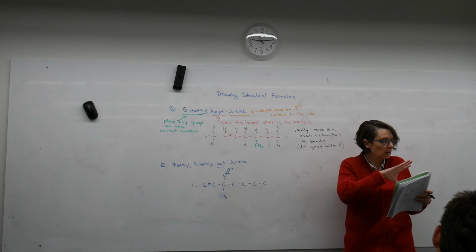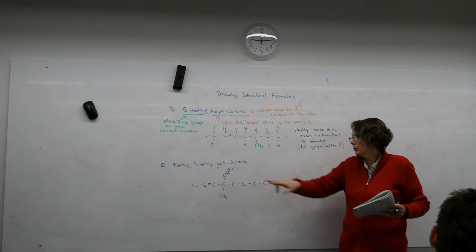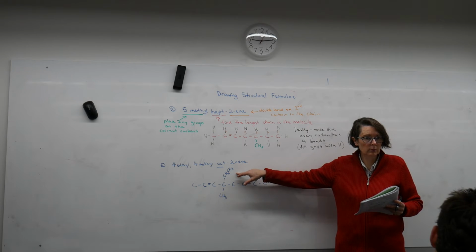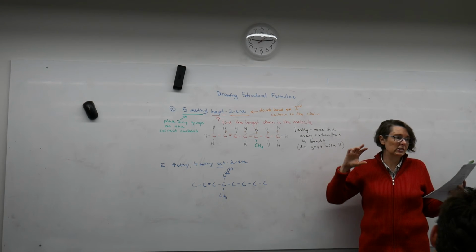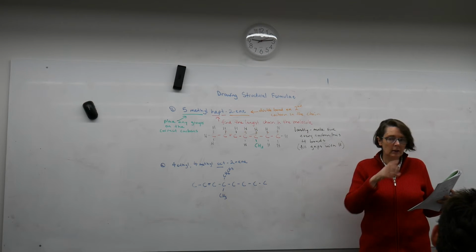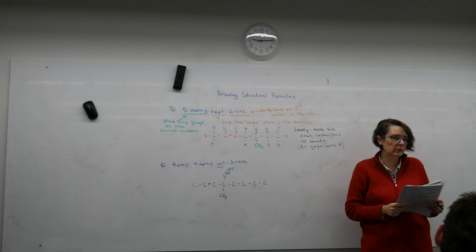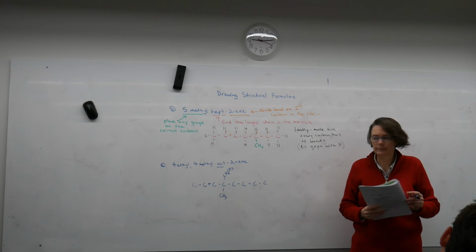Because you want it to be clear and easy to read. And so if doing it this way makes it clearer and easier to read, then I would definitely do it this way, rather than drawing out all the bonds where it ends up being hard to see what you've done. Sometimes they curl around the question and go up the page, which makes it harder to see what someone's done.